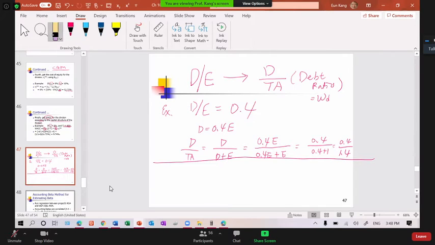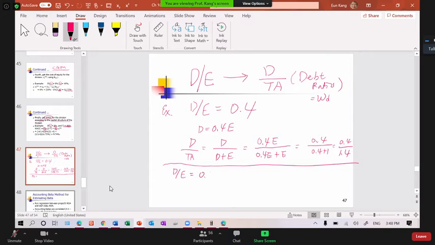But as I said before, what should be the easiest way of doing this? D over E is 0.4. Then what is the easiest simple number to satisfy this equation? D over E is 0.4. 1. Which one is 1?